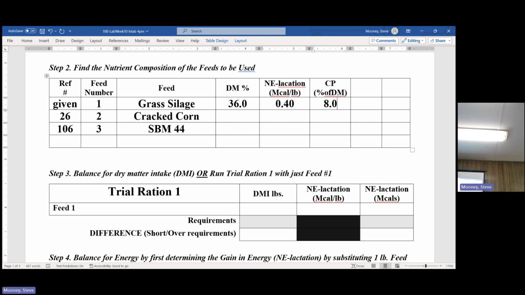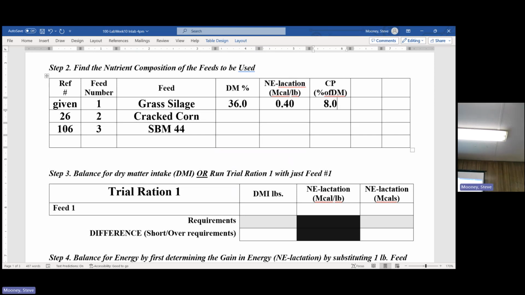Now we need to look up our cracked corn. How do we do that? We go to our table 15.1. We find feed number 26, which is where? On page 284, the second page.